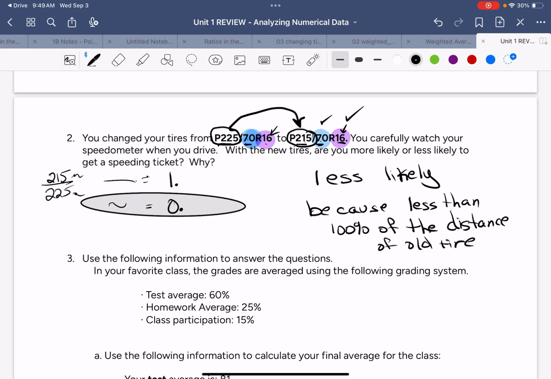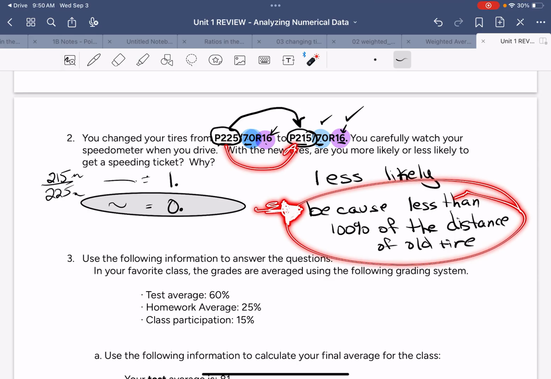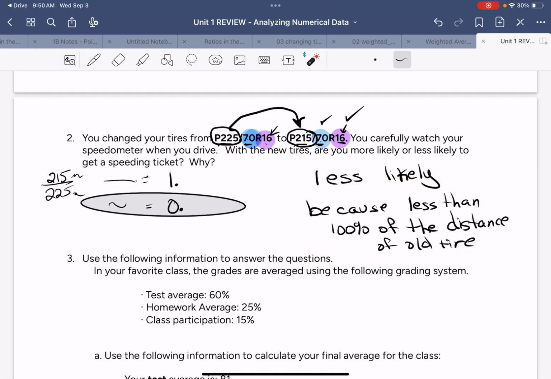Absolutely. If you want to, you can. But what you need to remember is that if you're going smaller tires, you're going to go less of a distance. If you go less of a distance, then your speedometer is going to show a slower speed. You're going to go less speed than what your speedometer is showing. You're going to go part of that distance instead of all of that distance, okay?